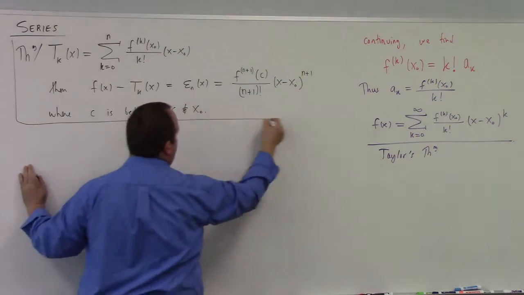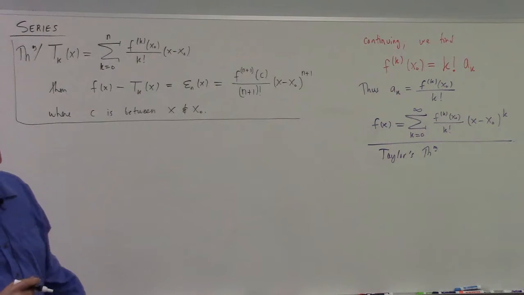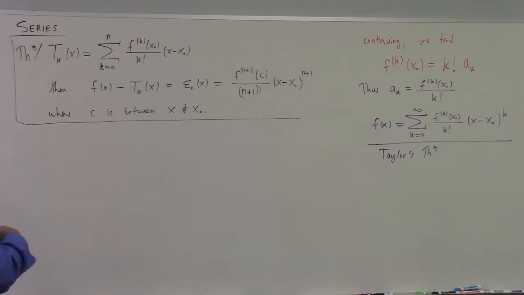So that's again page 429 of your book, which has a little bit more build up to this, but basically what this says is that if you calculate the nth Taylor polynomial for a function, it's going to be pretty close to the function, up to the next term you haven't included, right?